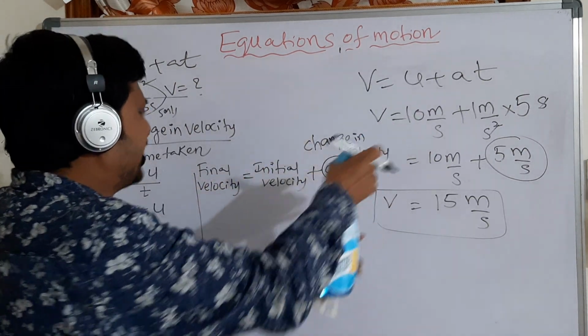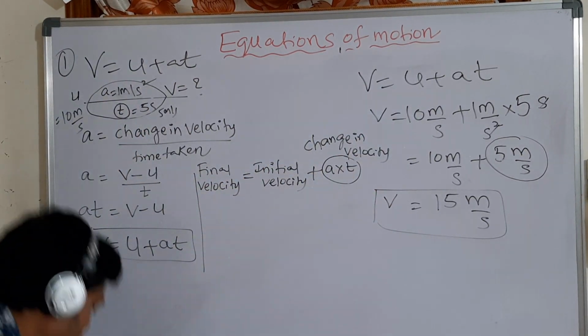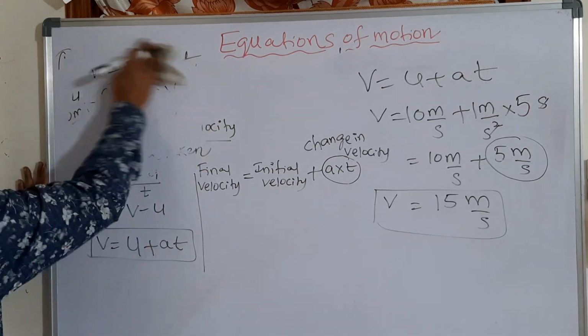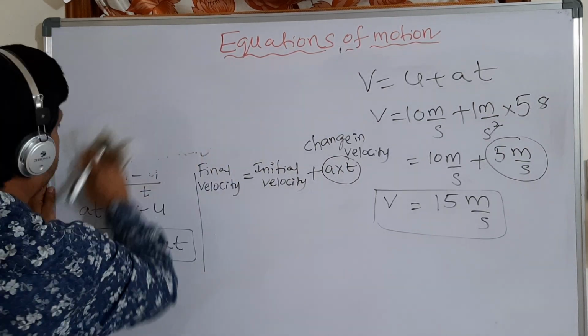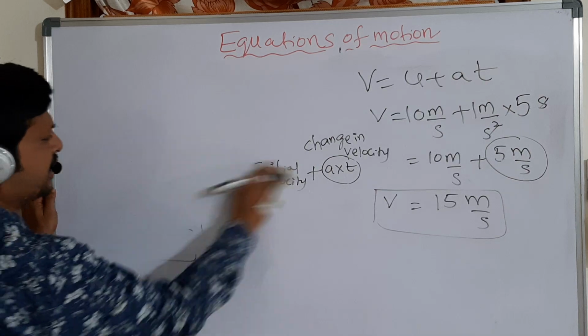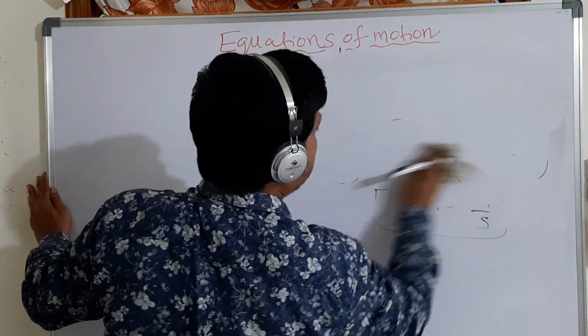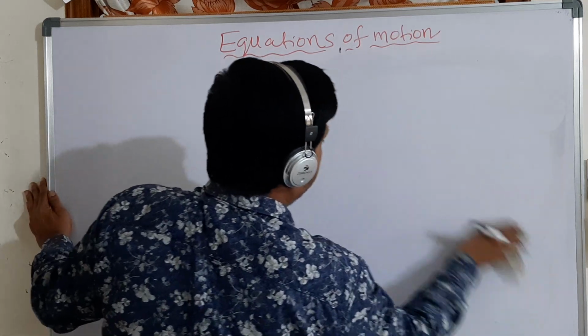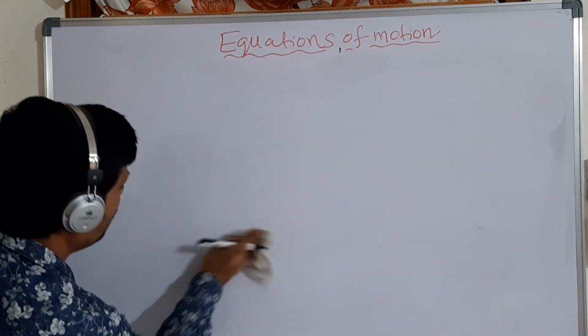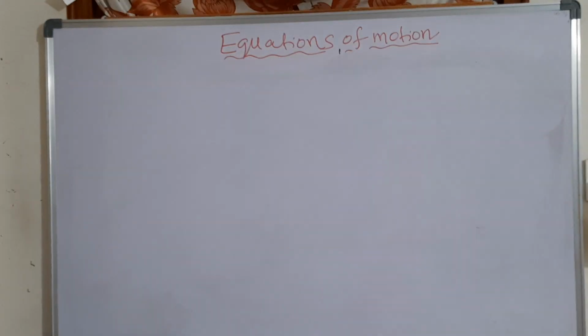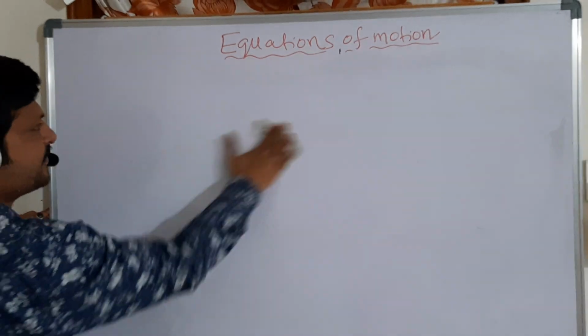Then see here, second equation of motion. What is the second equation of motion? Second equation of motion is s equal to ut plus half at square. So in the second equation of motion, which term is not involved? S?